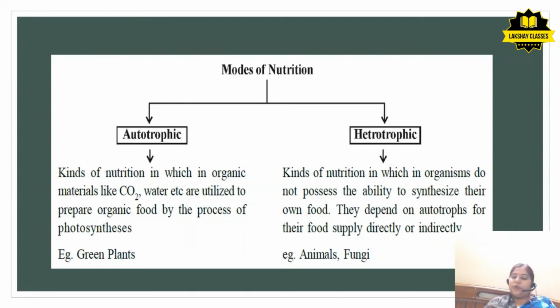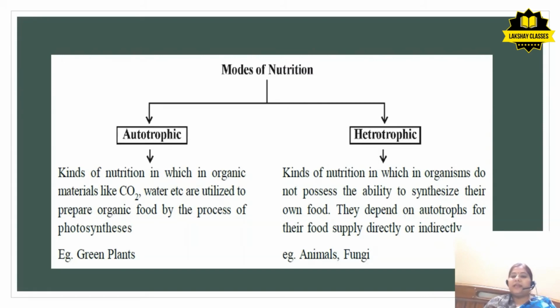So autotrophic is the kind of nutrition in which an organism prepares food from inorganic material. What are the inorganic materials? The inorganic materials here are carbon dioxide and water. So plants utilize carbon dioxide and water to prepare their food by the process of photosynthesis.